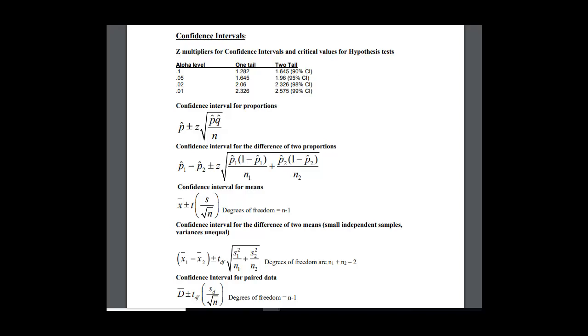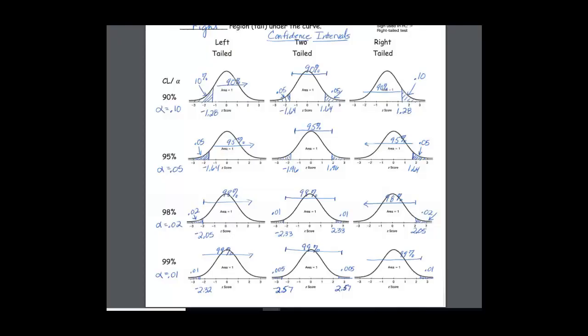Another place that I could look for it is, if you remember in the notes when we first started into confidence intervals and hypothesis testing, we brainstormed this whole chart of tails that I wanted you to be able to picture and see what was going on. Confidence intervals are in the center column here. It's a two-tailed test. We're looking at this first one where the 90% in the middle are the usual outcomes.